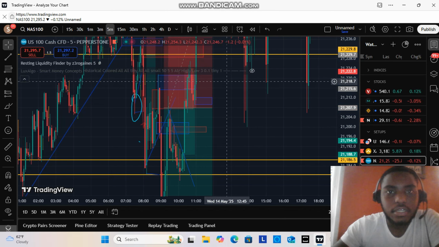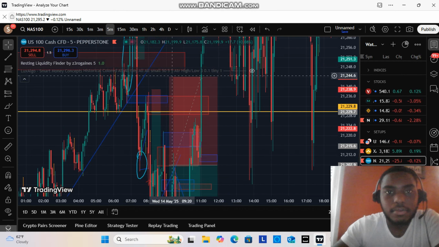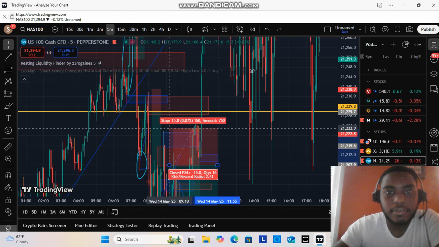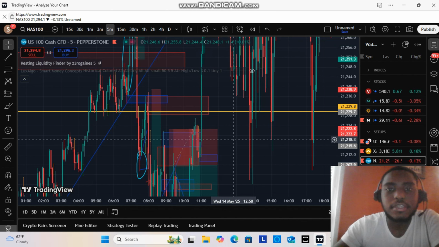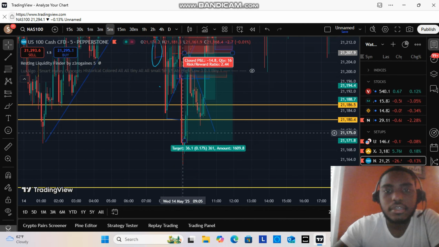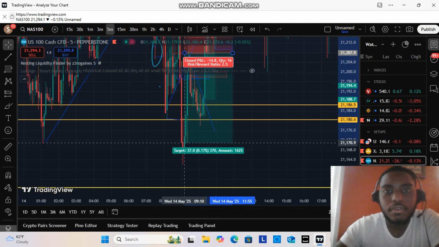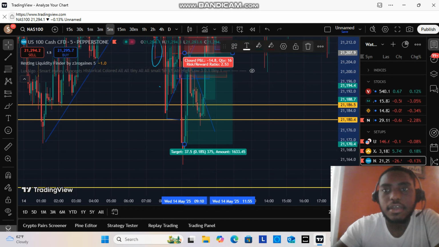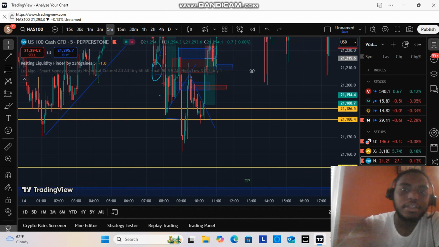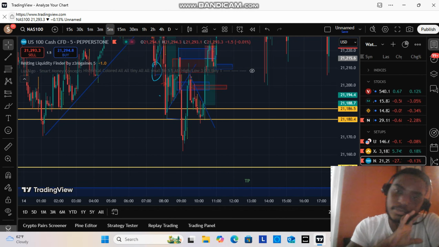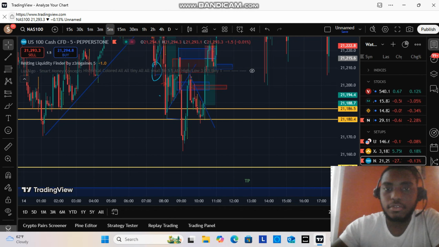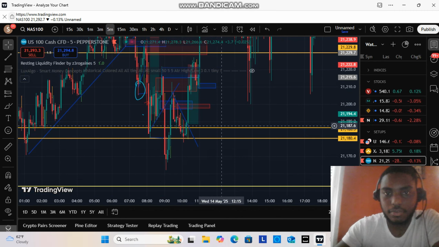So for this one, I put my stop loss above this. I think it was above this high, if I'm not mistaken. I never entered a lot of lot size though, cause it wasn't really my trade, so I wasn't going all in.